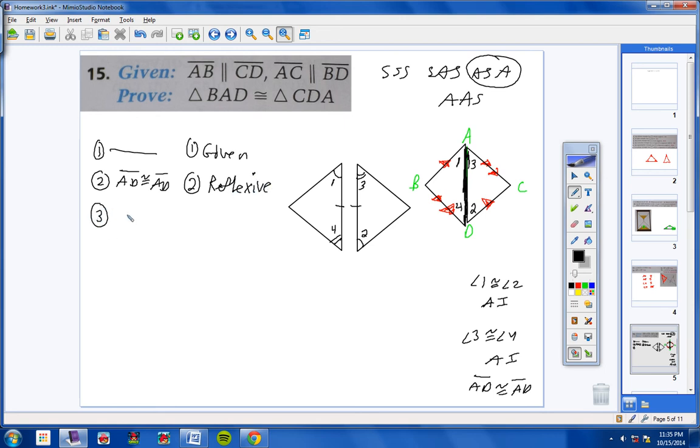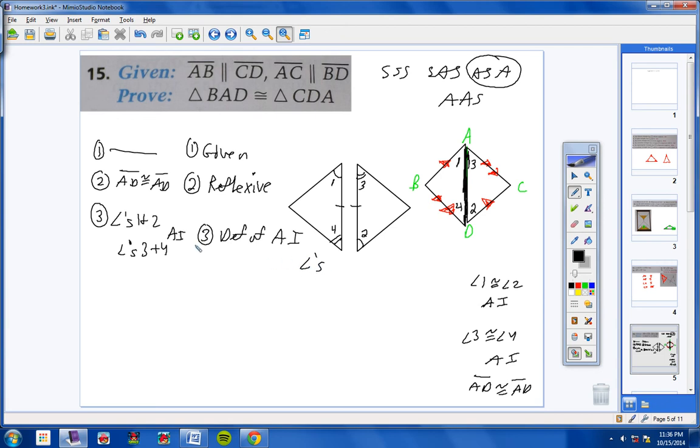Next, I'm going to state that angles 1 and 2 and angles 3 and 4 are what? Alternate interior angles. How can I state that? Definition of alternate interior angles.